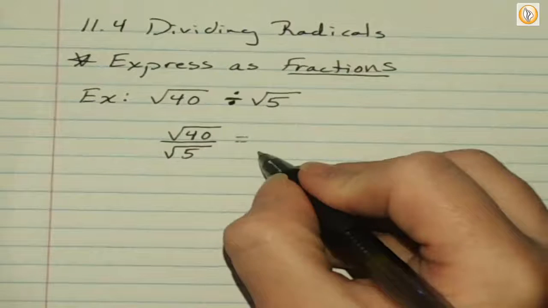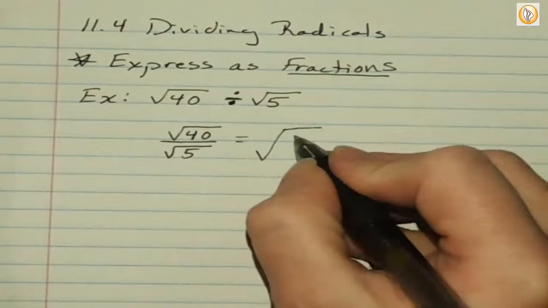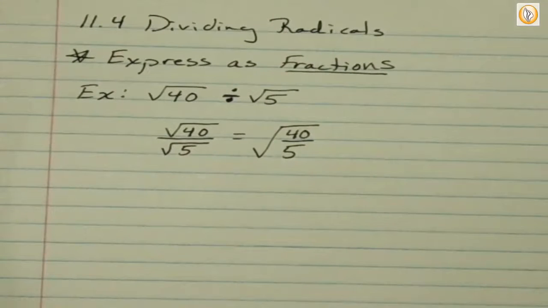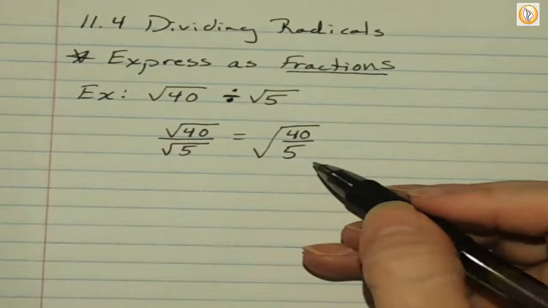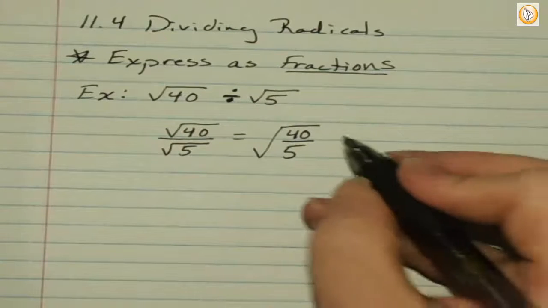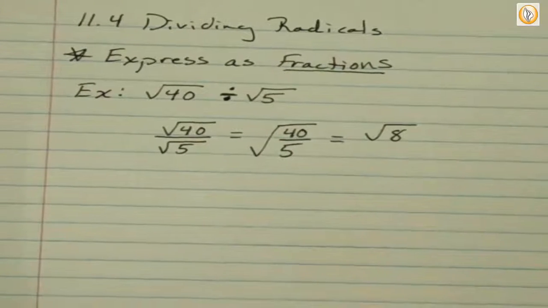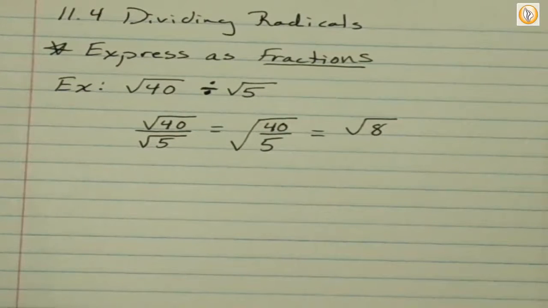So I'm going to change it to one whole fraction underneath the radical sign. What is 40 divided by 5? 8. So therefore, it's the square root of 8.